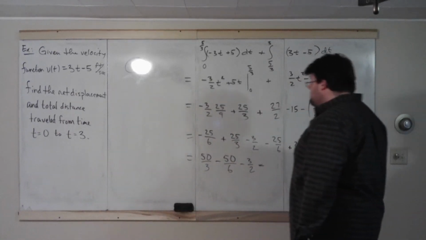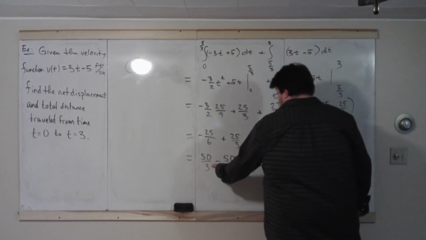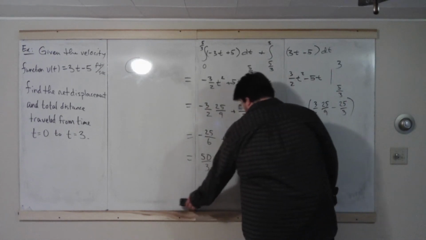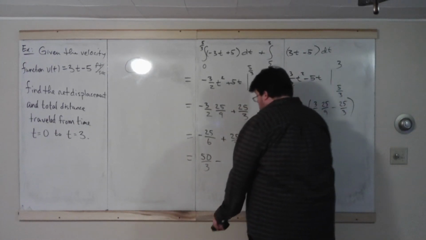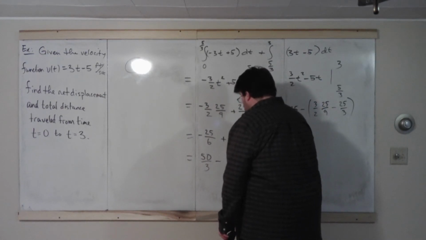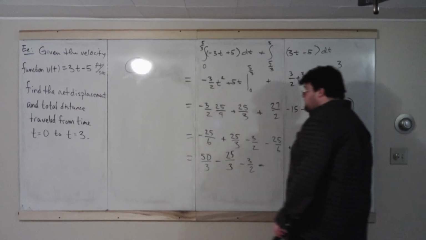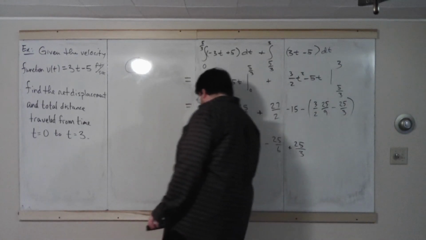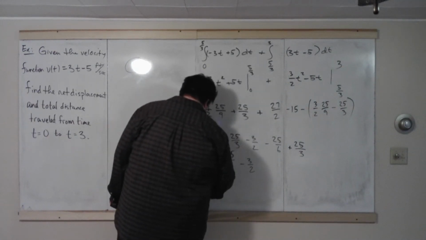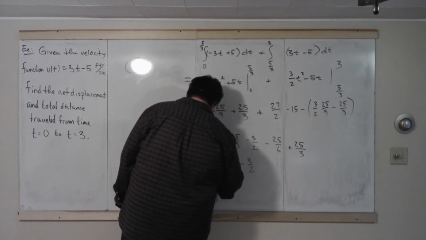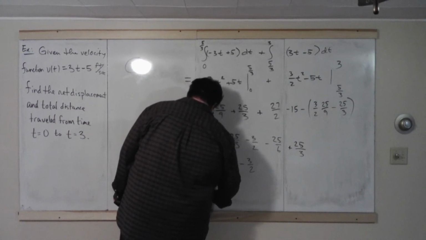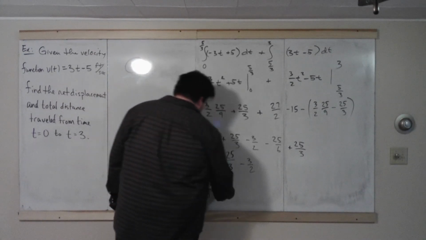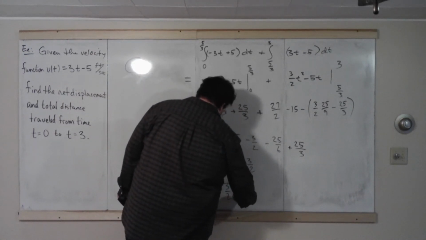What does this equal? Well, 50 thirds minus 50 sixths. 50 sixths reduces to 25 thirds. 50 of something minus 25 of something gives you 25 of those things. Minus 3 halves still is there.